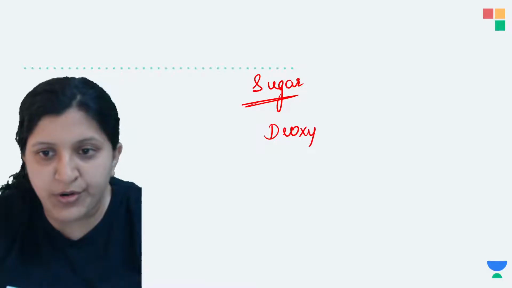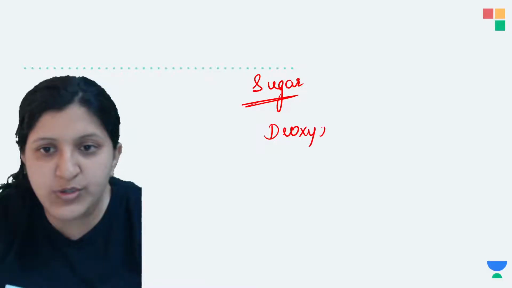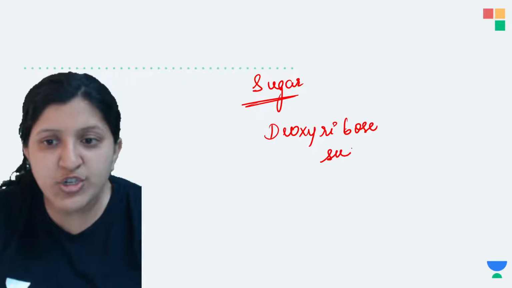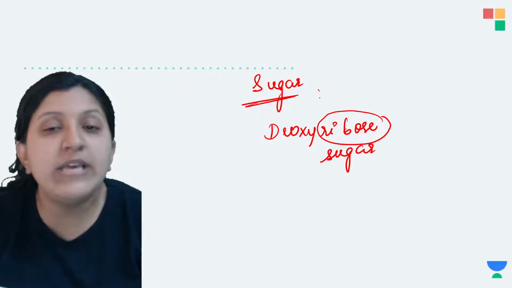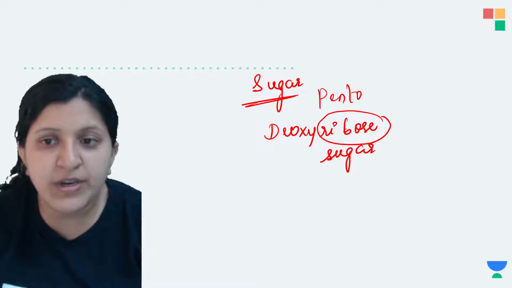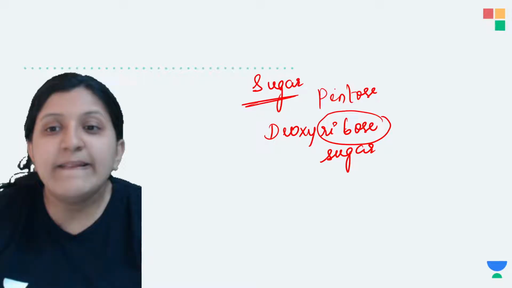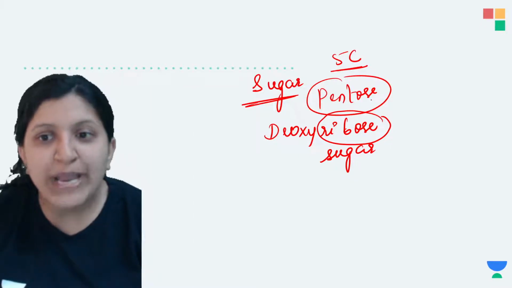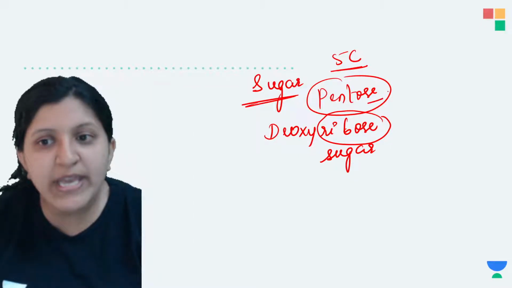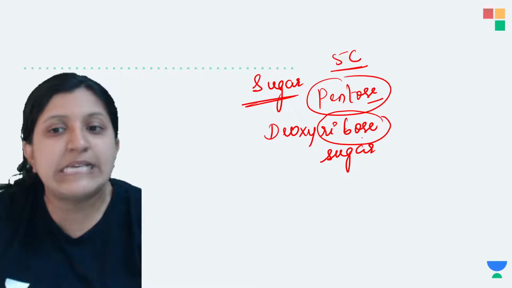deoxyribose sugar. That means ribose is a pentose sugar. What is pentose? It means a 5 carbon compound you will find in that sugar. So we call it pentose, and the name of that pentose sugar is basically ribose.